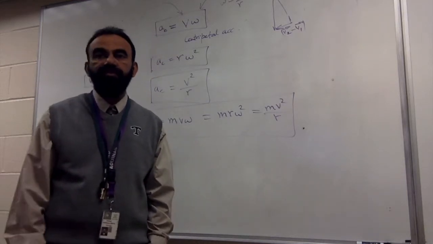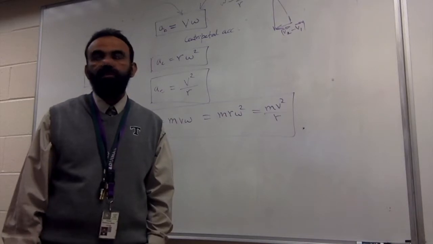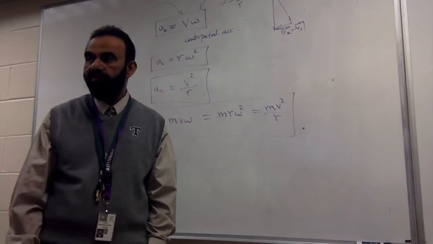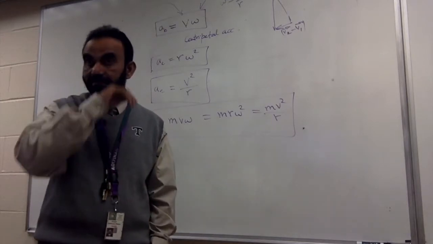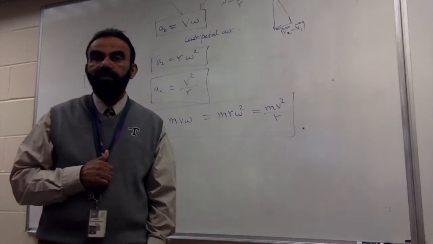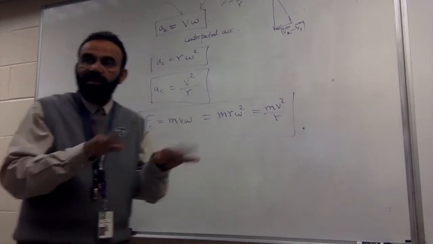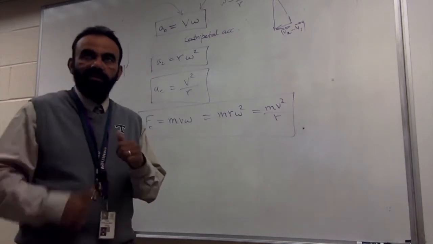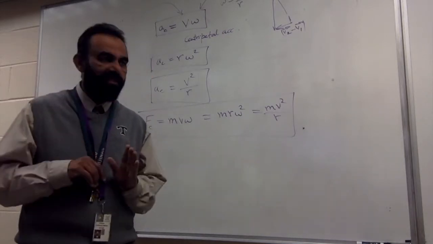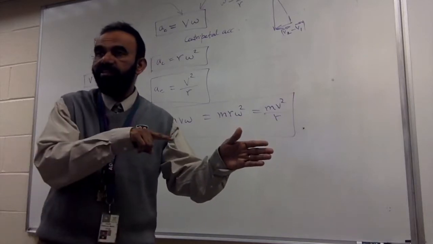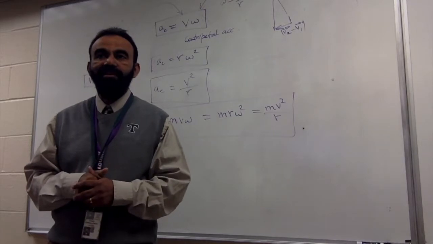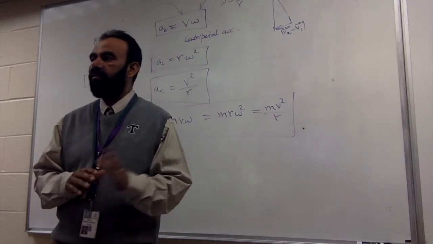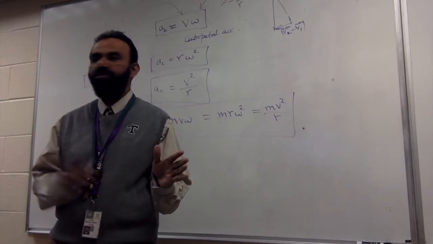Cross-country runners, you know this. Or sprinters. Are they not applying a traction force forward as they're running? If you think of a runner, weight and normal force are perfectly balanced. They're applying traction force to make themselves go forward. If that's the only force, then they should be accelerating forever, going faster and faster.